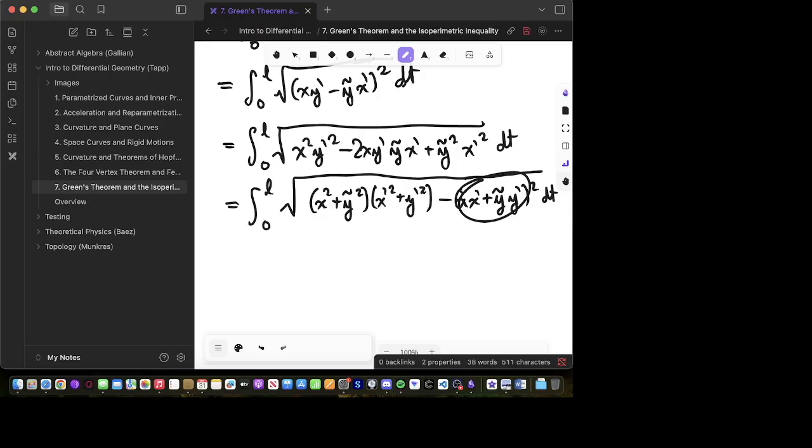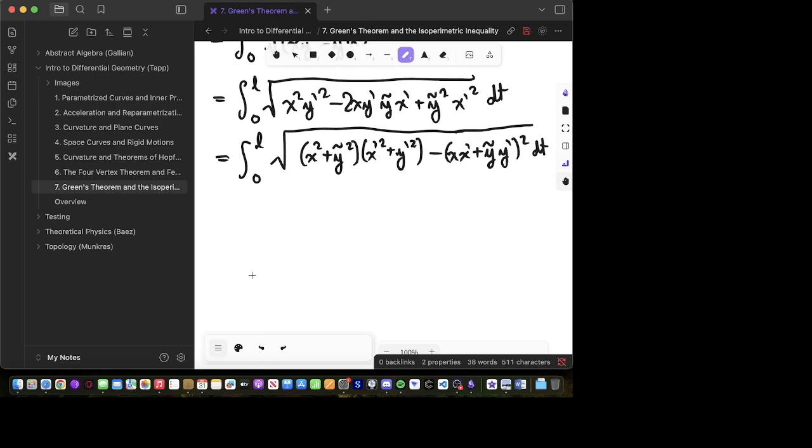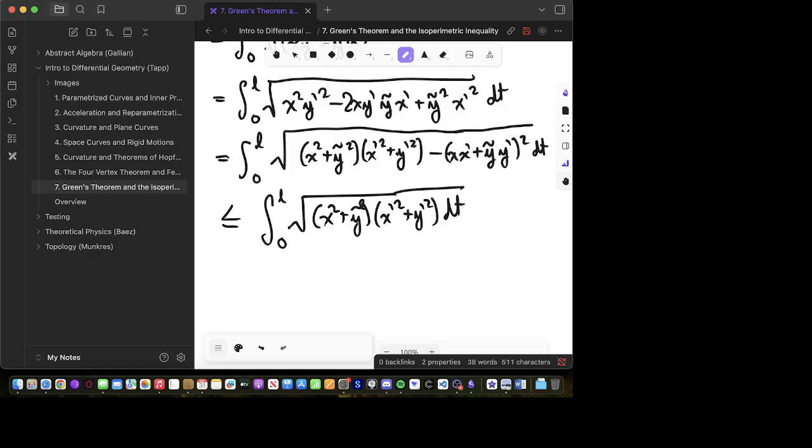And because this is always going to be non-negative and this negative sign exists, we can create another inequality. This is going to be less than or equal to the integral without that minus term. So we have x squared plus y tilde squared times x prime squared plus y prime squared dt. But remember, we parametrized by arc length, so this is going to be equal to 1. So we have x squared plus y tilde squared dt.